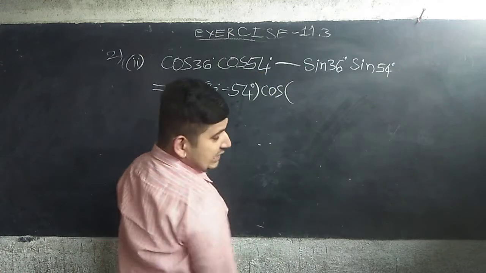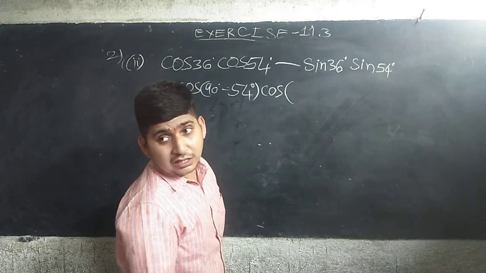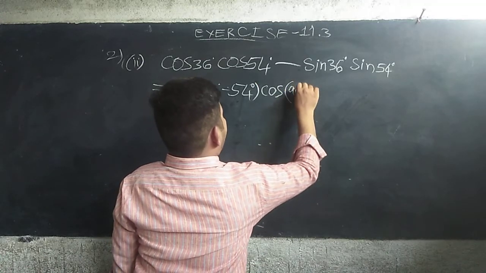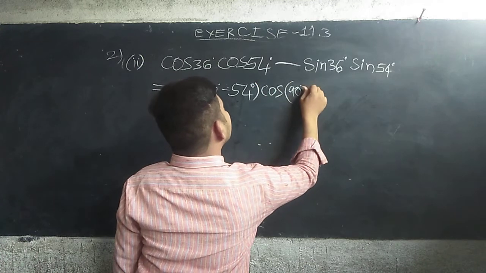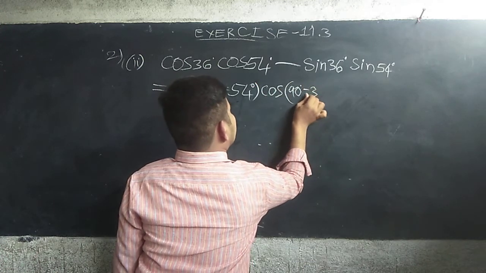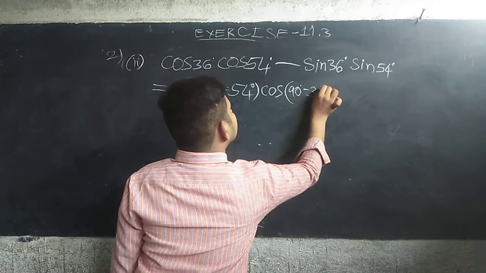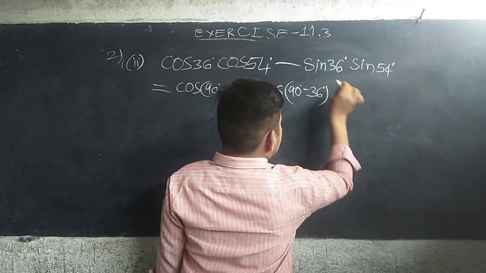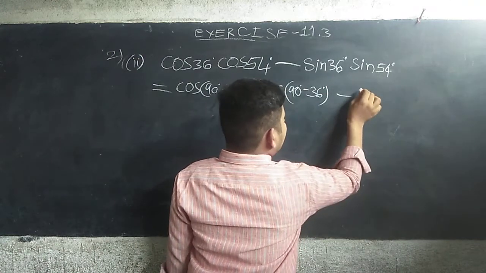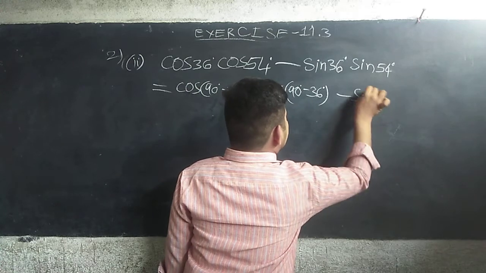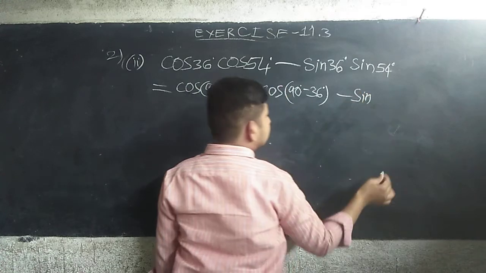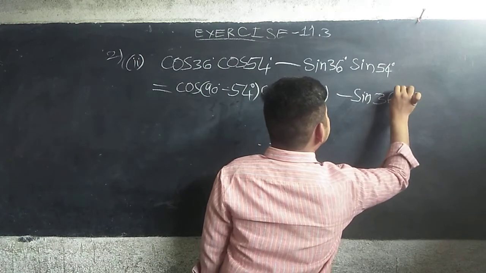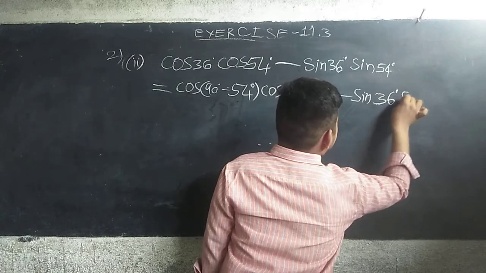Now 54 can be written as 90 minus 36. So cos 90 degrees minus 36 degrees. Minus, the term is as it is: sin 36 degrees into sin 54 degrees.